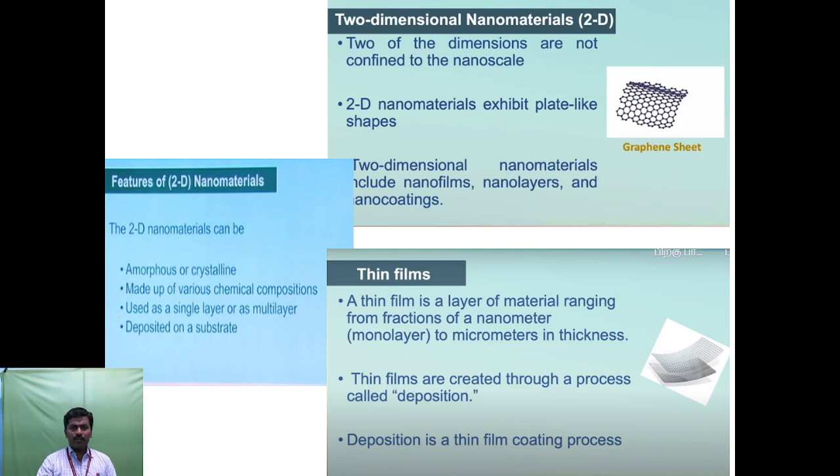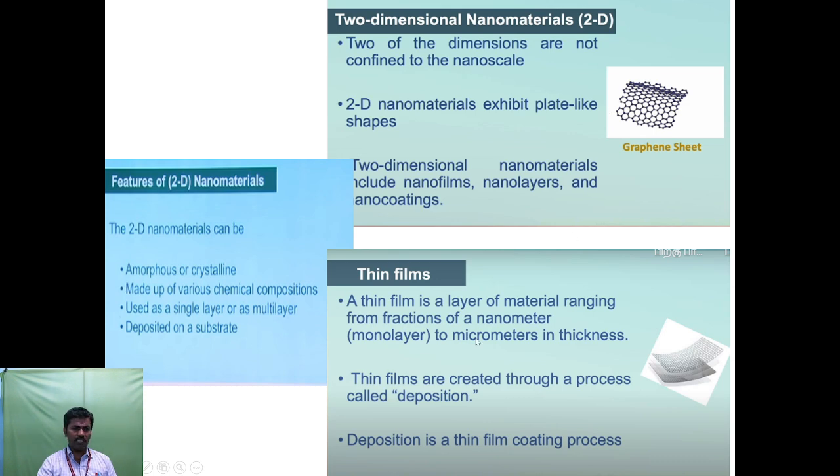Two-dimensional nanomaterials. Two of the dimensions are not confined to the nanoscale. They exhibit plate-like structures. Two-dimensional nanomaterials include nanofilms, nanolayers and nanocoatings. These are two-dimensional nanomaterials because two of the dimensions are not confined to the nanoscale.